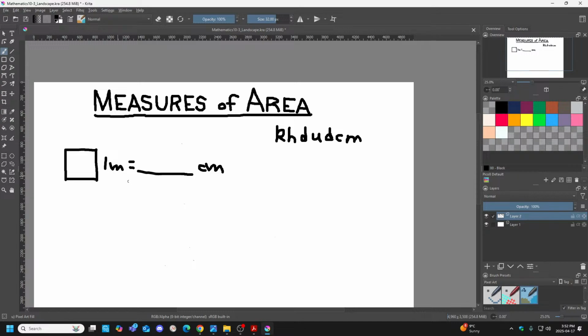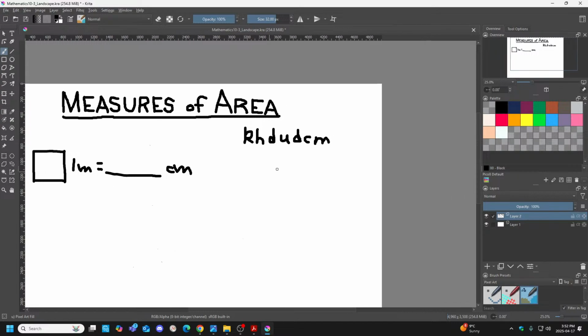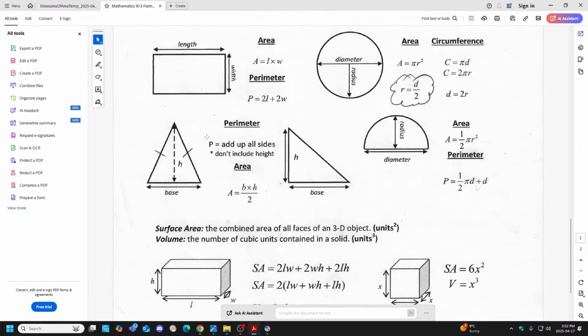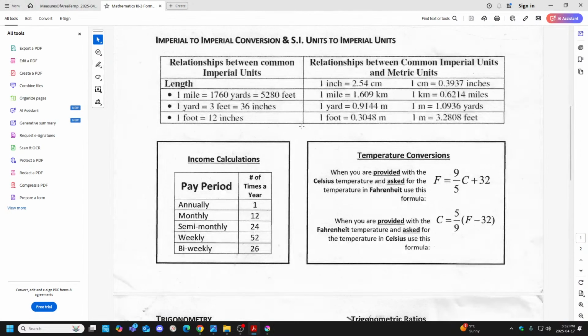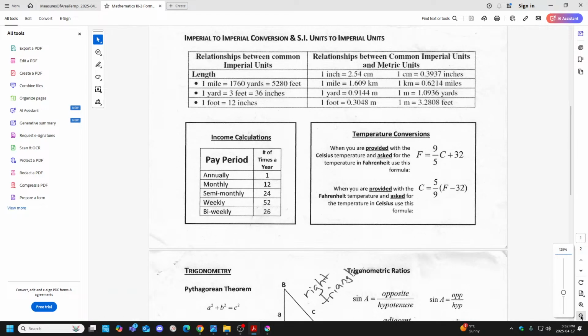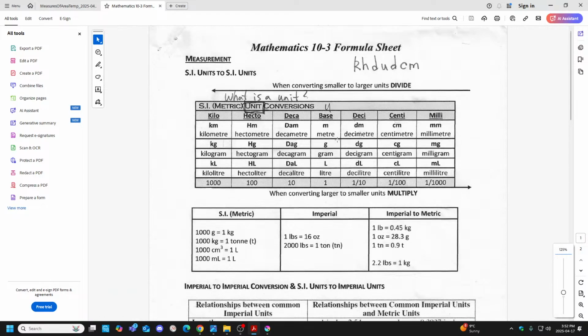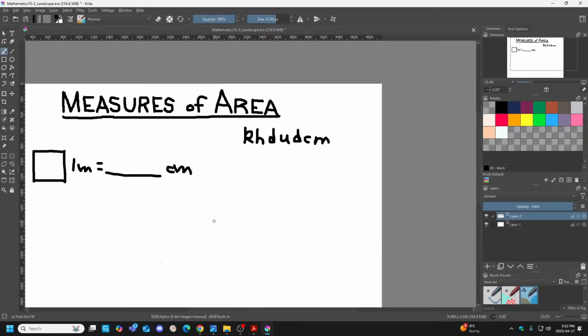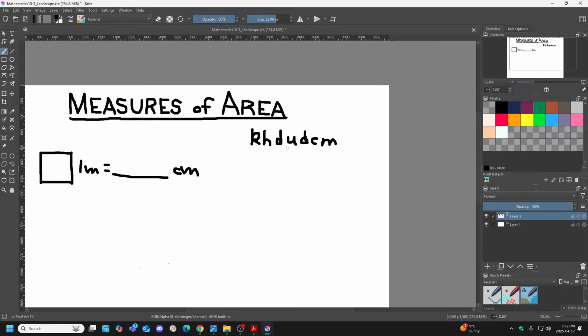So 1 meter, how many centimeters? Okay, meters is our, let's have a look. Right, meter is our base. So that means we're going, how many centimeters? 2 jumps.